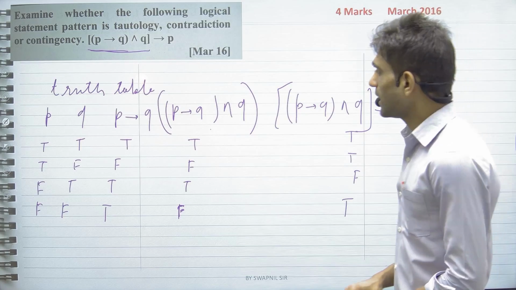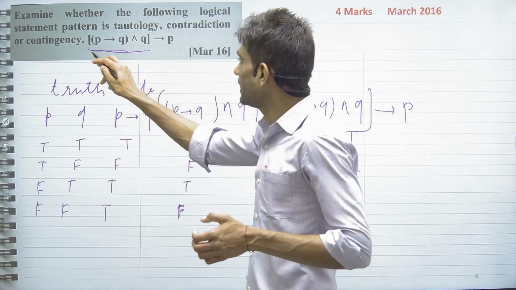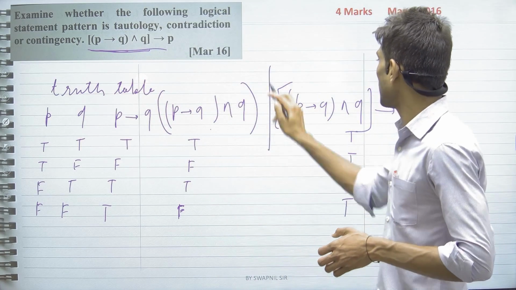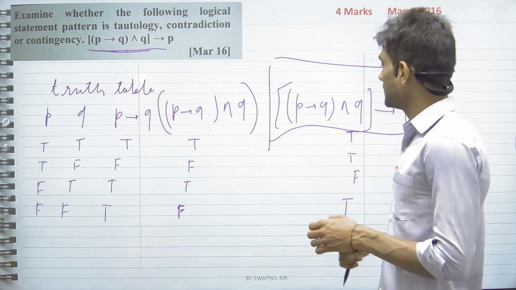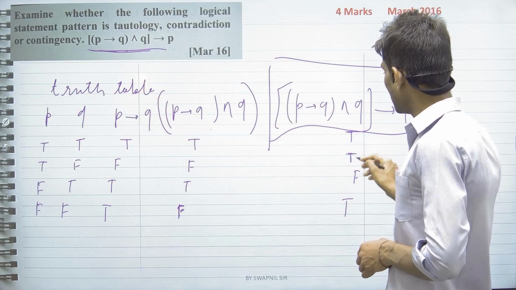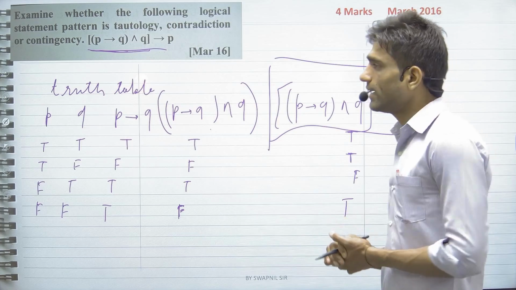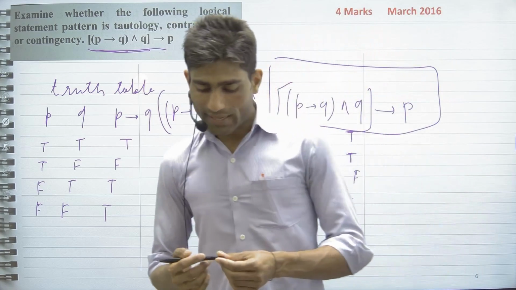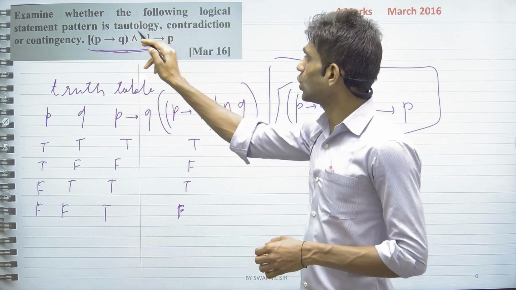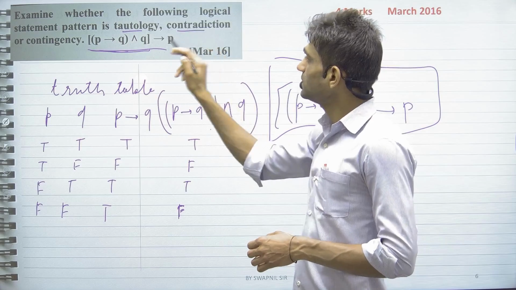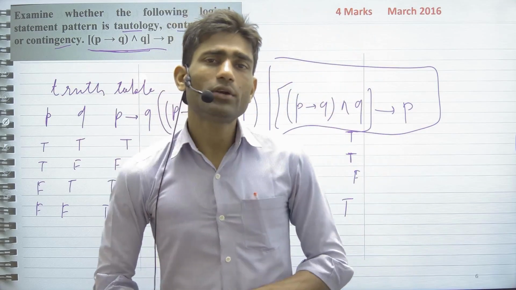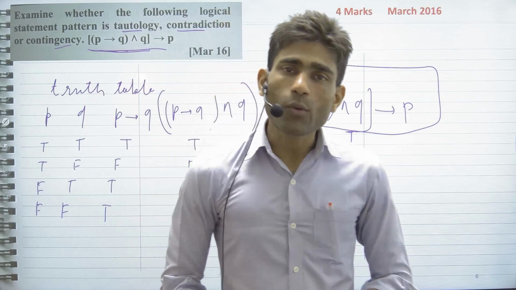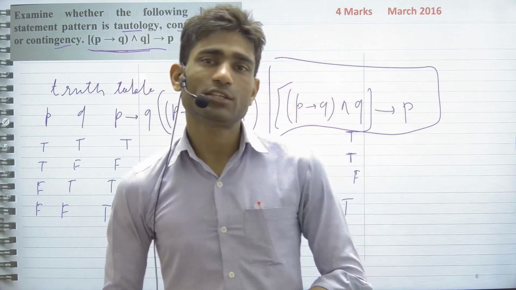Now here we got the truth table for our entire statement. We found the truth values for our entire statement as: first true, second true, third false, and last true. Now we have to understand the meaning of tautology, contradiction, and contingency. Tautology means our truth table gives all values true.